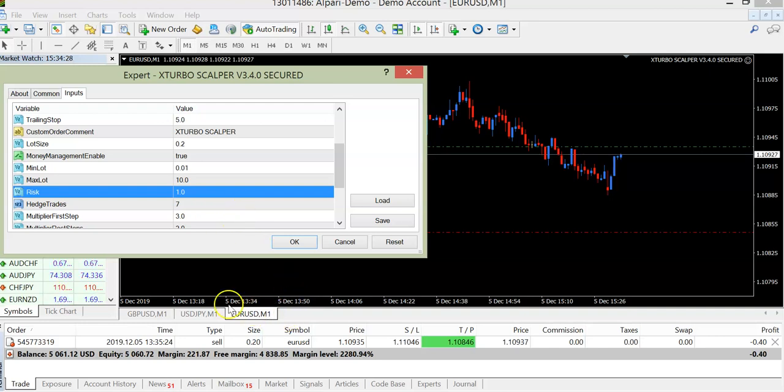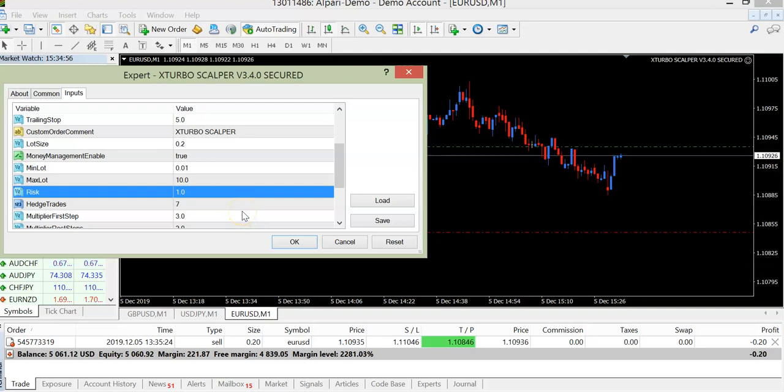But when you use several pairs, you must know that this has 1%, this one, and this one, so three altogether. I do not suggest that you go over 5% altogether. Maybe you will open 5 pairs, each one with 1% risk, and so it's up to you.